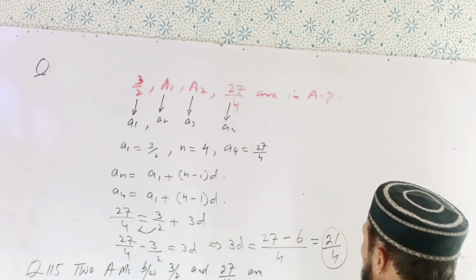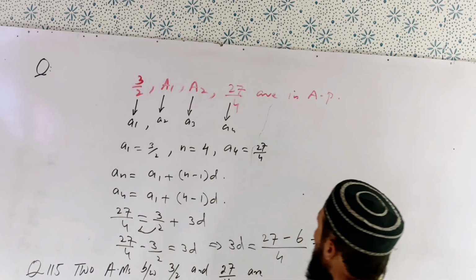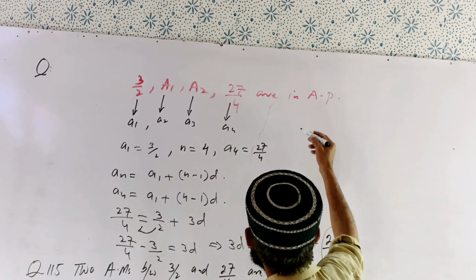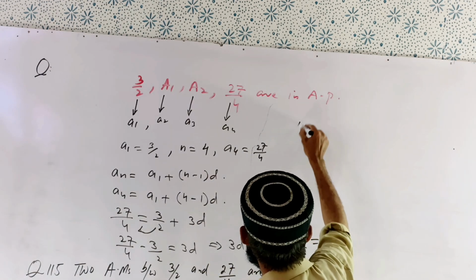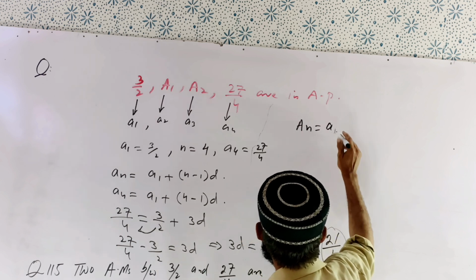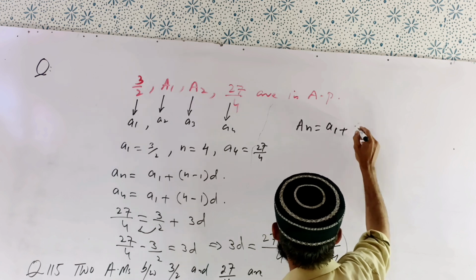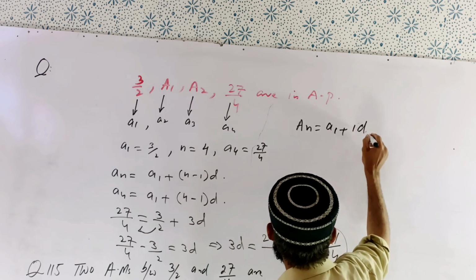Now we require a1 first; d we have already found. So we can write an is equal to a1 plus n d, first value a1 plus 1d.